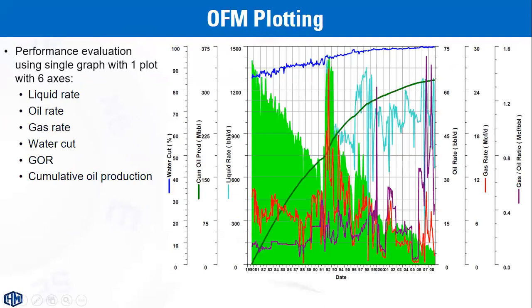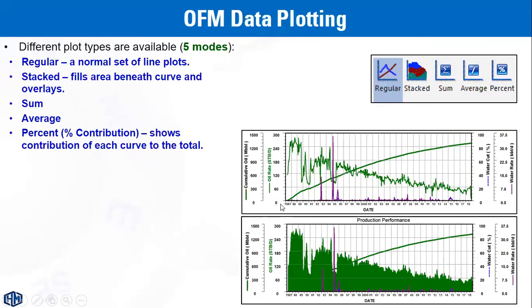And also we have 6 axes, as you can see, for the field level, highlighting different types of data in the same plot. Also, the plotting modes, as mentioned before, can be regular, stacked, or maybe percentage to show the contribution for every well relative to the total production for the entire reservoir or the entire field, and so on.